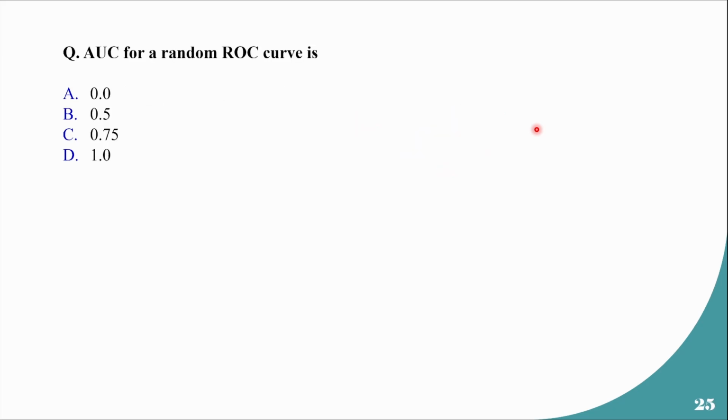So can you maybe try to answer this question just from that information? The area under the curve for a random ROC curve will be what? So for a random ROC curve, what could be the area under the curve? Maybe you can try to answer in the chat.